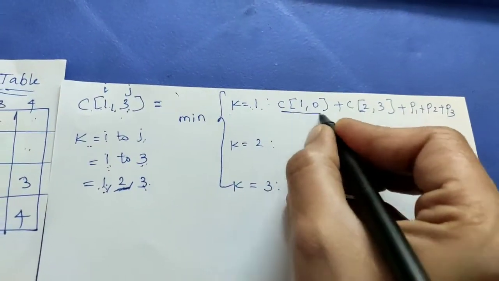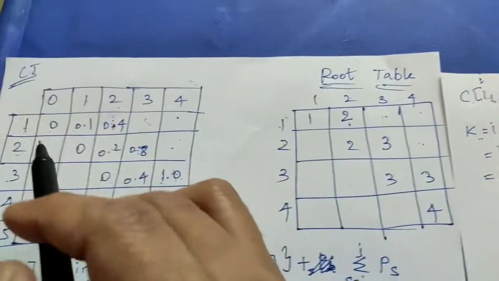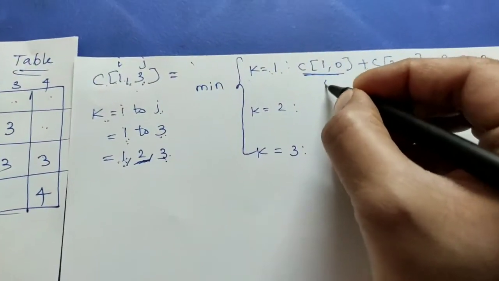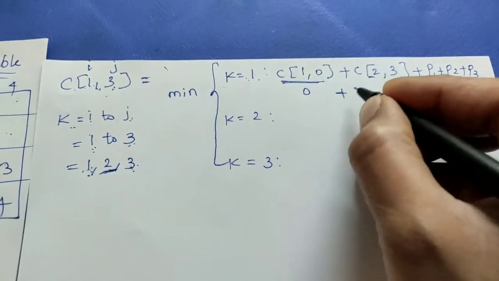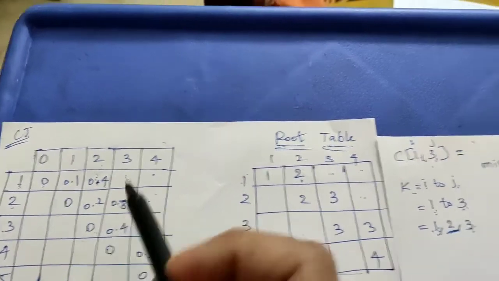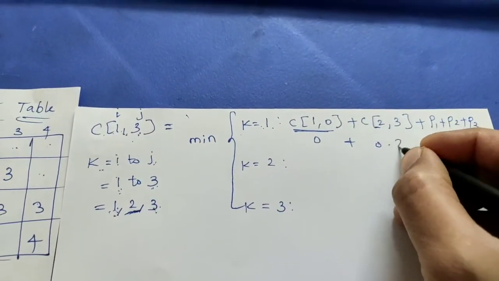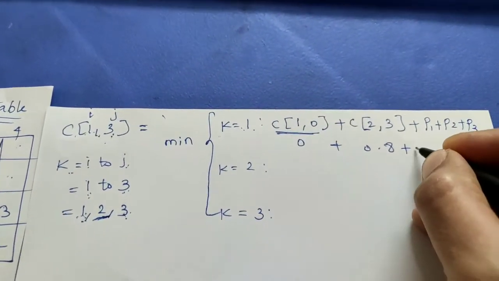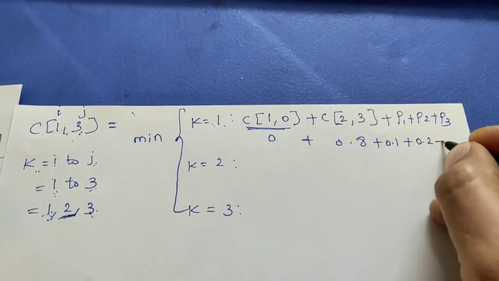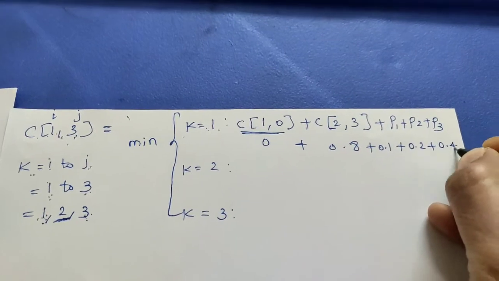Now what is the value of cost of 1 comma 0 in the cost table? Cost of 1 comma 0 is 0. I just apply the value as 0, plus cost of 2 comma 3. Cost of 2 comma 3 is 0.8. 0.8 plus probability of the first item is 0.1, probability of the second item is 0.2, probability of the third item is 0.4.